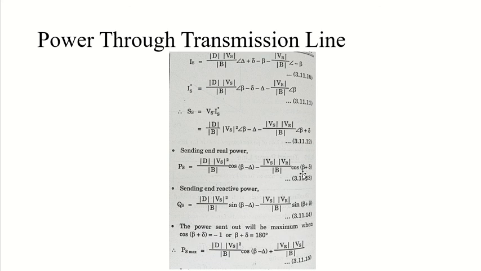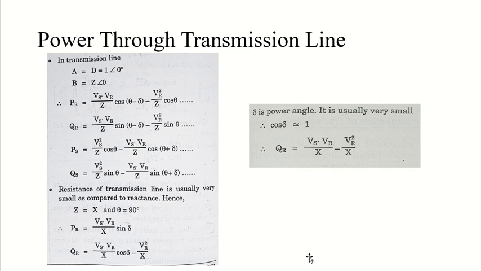And when it becomes 180 degrees, the value of it will become -1, which means this whole term will become positive because it was already negative. So the first term stays as it is, and plus Vr Vs divided by B. So maximum power will be D into Vs square divided by B into cosine of beta minus capital delta plus Vr Vs divided by B. So that will become your maximum sending end power.